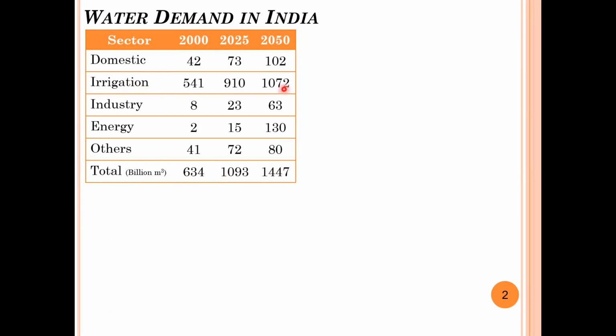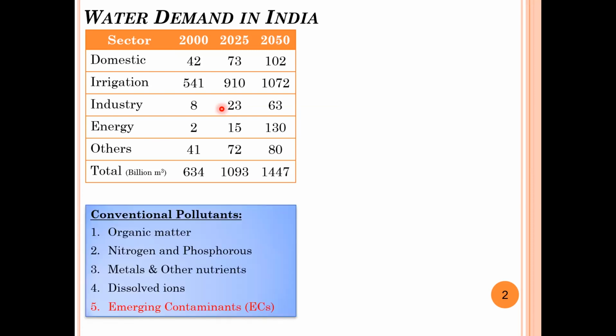Irrigation also needs more water, and the domestic demand is increasing as population grows, also producing more domestic wastewater. The availability of water is decreasing, but we need to provide water supply to the public. People are working on generating water from different sources, including seawater and recycling of wastewater.